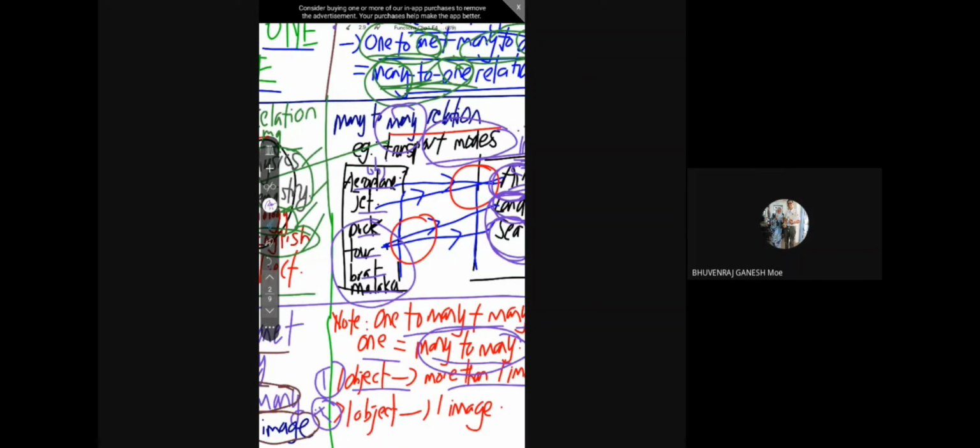So the condition is, there are two conditions going on actually here. One object can have more than one image, or more than one object can have also one image. So this shows all the four things represented by arrow diagrams.